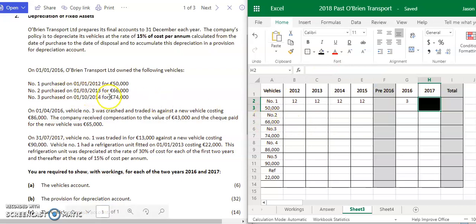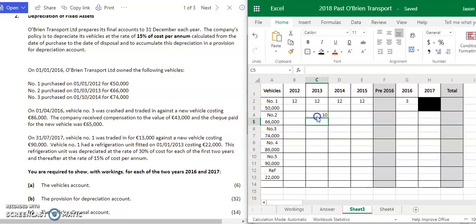So vehicle number 2, we bought in 2013. So we're going to start here. We bought it on the 1st of the 3rd. So we only had it for 10 months depreciation for 2013. So we had it for the 3rd month, 4th month, 5th month, 6th month, 7th month, 8th month, 9th month, 10th month, 11th month, and 12th month.